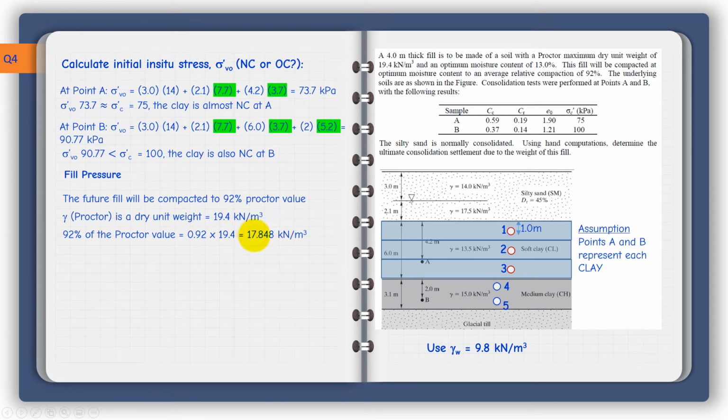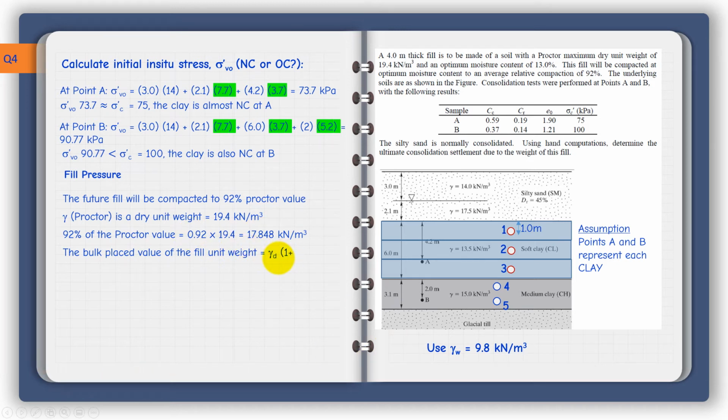The dry unit weight of the fill that will come atop the ground surface here is 17.85. But I'm advised that there will be moisture of 13%. So you need to consider the weight of this moisture as well. Based on that, I know that the bulk placed value of the fill unit weight is basically this formula.